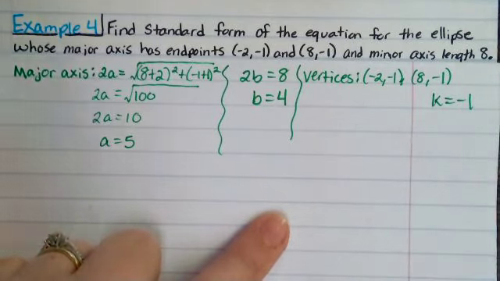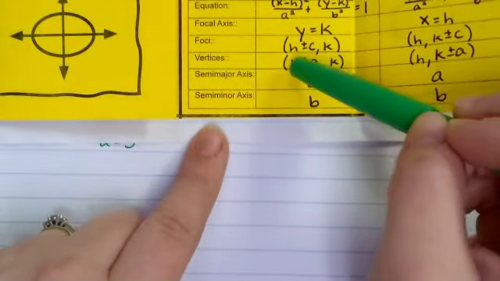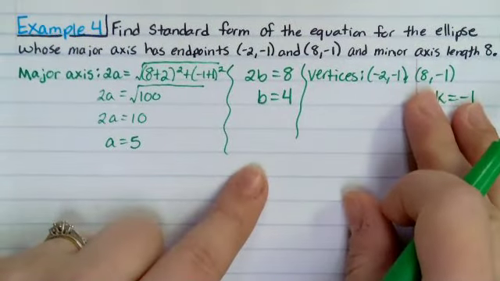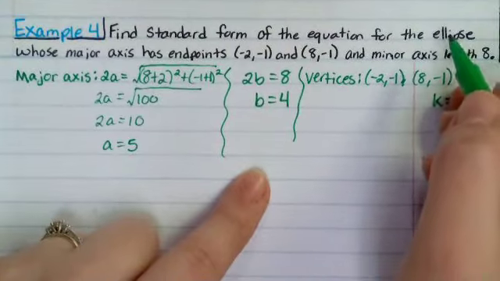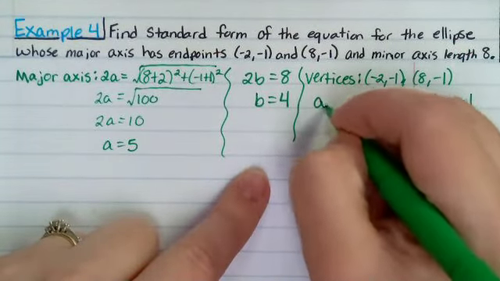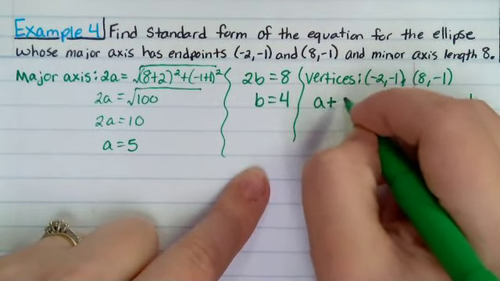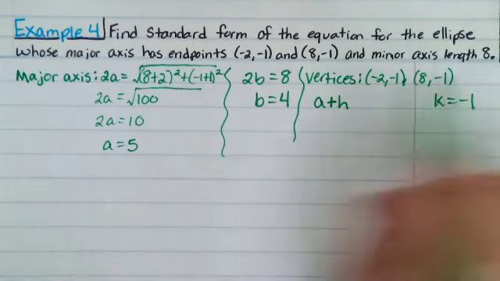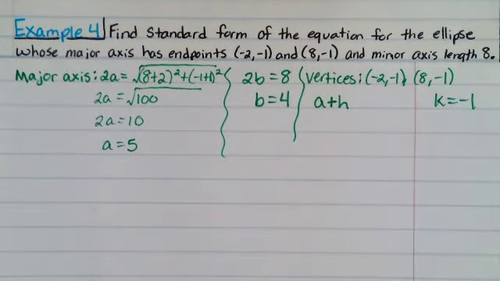So keep in mind that formula again for vertices, that's h plus or minus a for whatever that x coordinate is. So pick one of the x coordinates, and I'm going to go with the larger one, okay? And I'm going to do the option where it's h plus a. Sorry, I should have that order swapped.